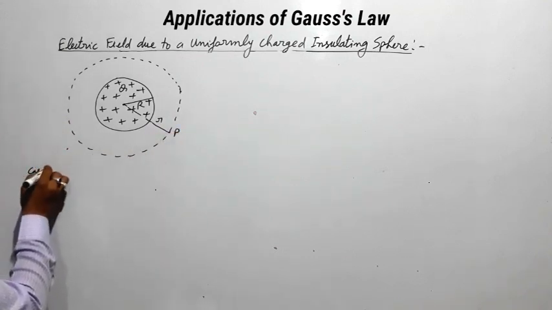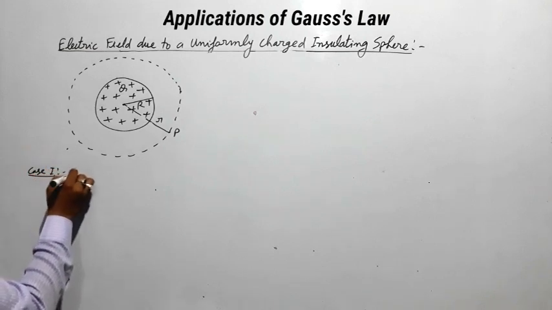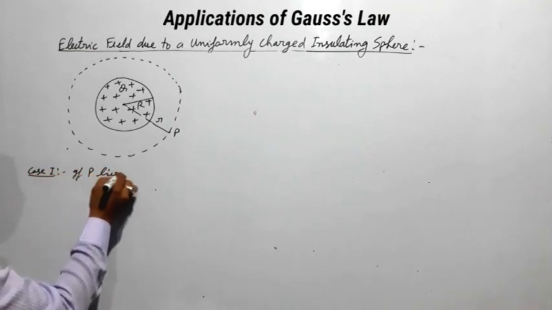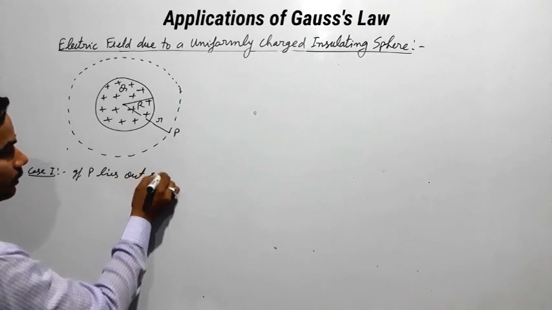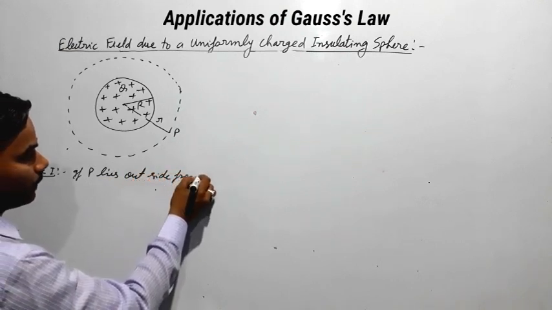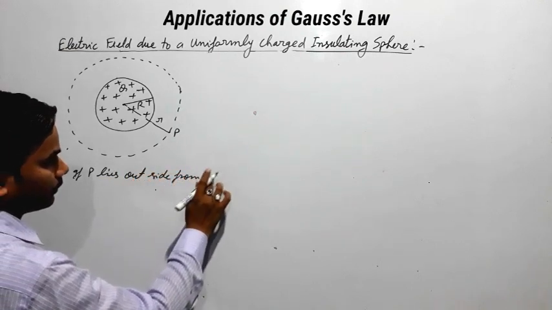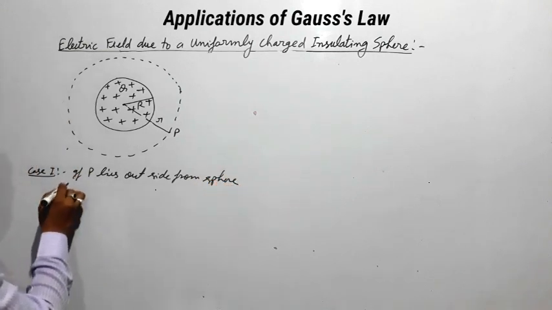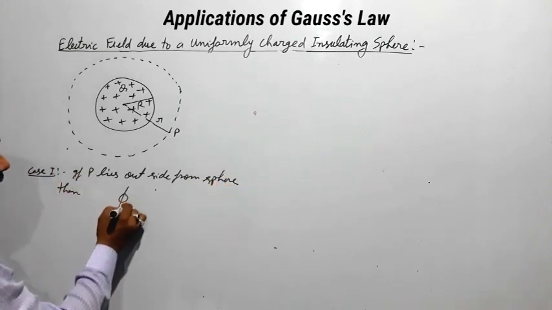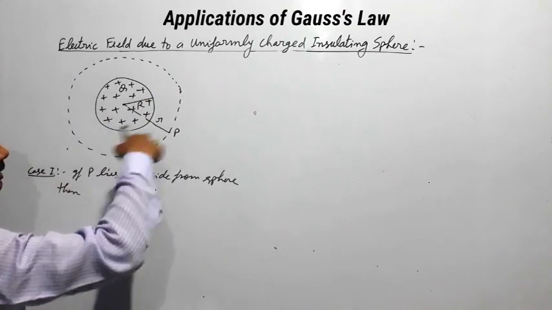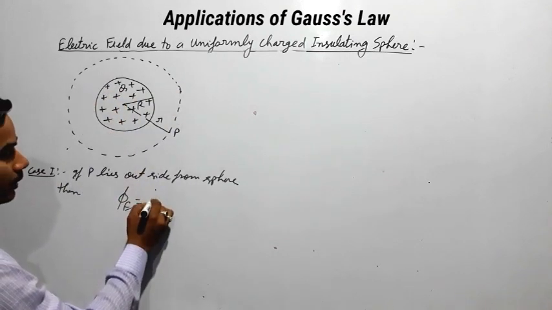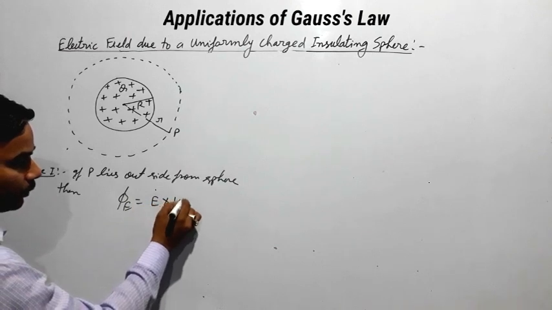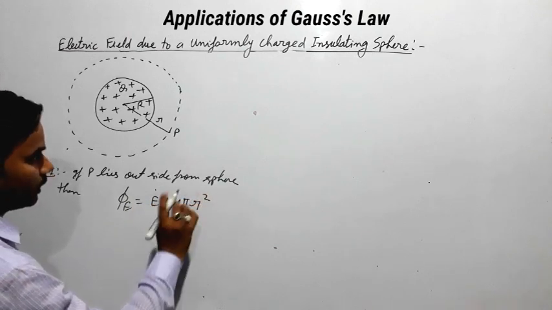So for this condition, case first, if P lies outside the sphere, then the total electric flux passing through this Gaussian surface will be E into 4 pi small r square.